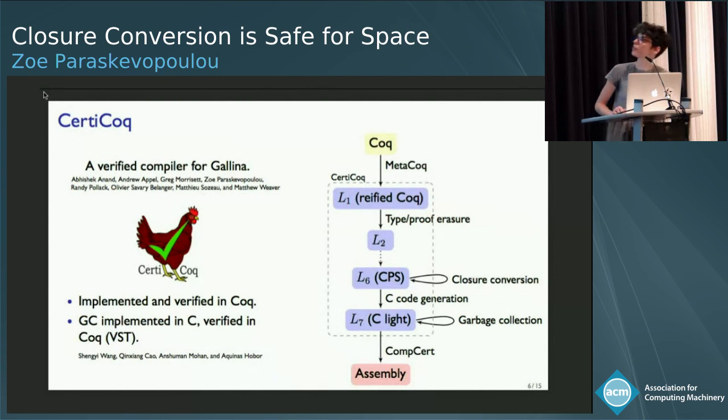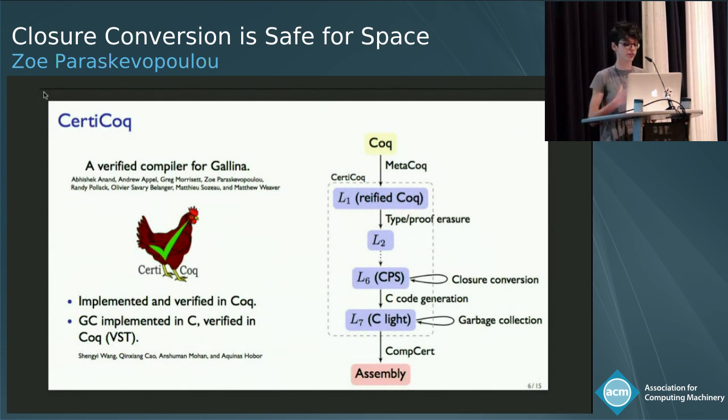So I'll briefly talk about CertiCoq. CertiCoq is a verified compiler for Gallina, and it's implemented and verified in Coq. It translates Coq to CompCert Clight, which can then be compiled with CompCert in order to produce verified assembly language. Some of the transformations that CertiCoq employs are type and proof erasure, and also conversion to continuation-passing style.